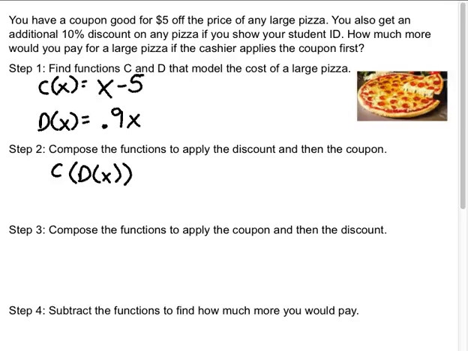So I'm going to take the discount and then apply the coupon to it. Okay? So what that's going to look like is in the coupon function, I'm going to be plugging in 0.9x. So literally all that's going to do is take 0.9x minus 5, right? I discount the price of the pizza, then take off $5.